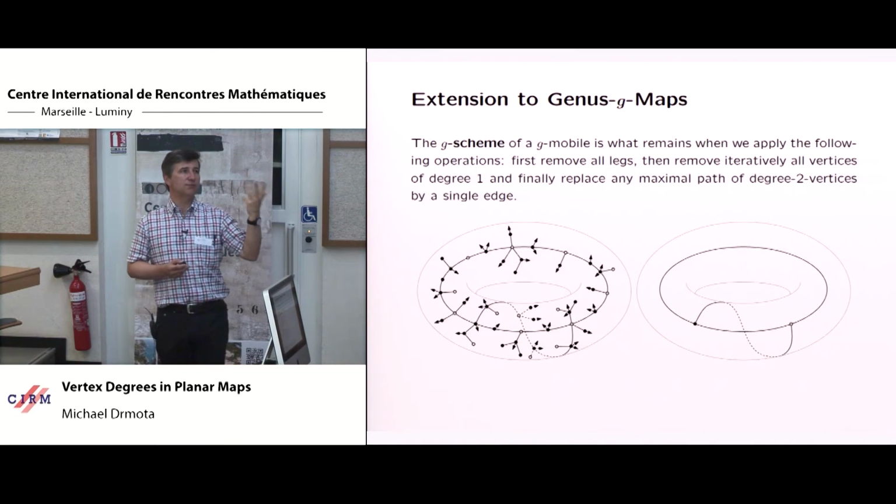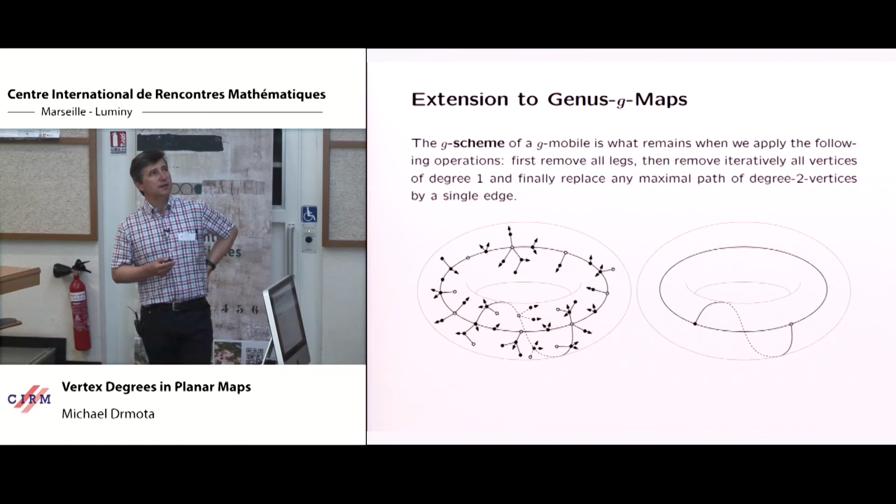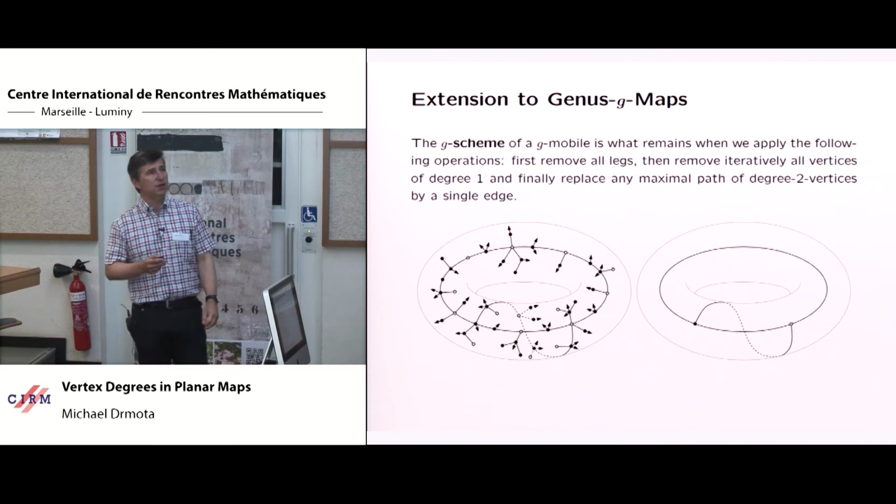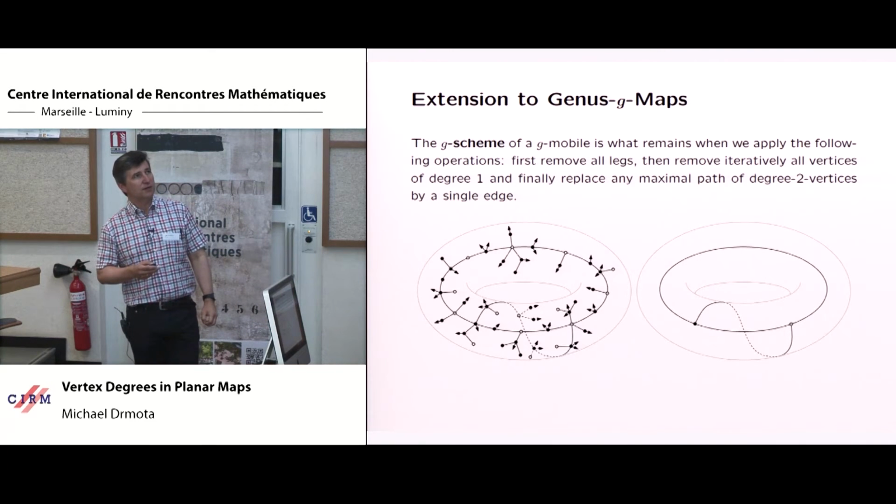So what is the structure of G-mobiles? This is something very well known, that any G-mobile has a scheme on it. So what is the scheme? Of course you see here many tree-like structures.